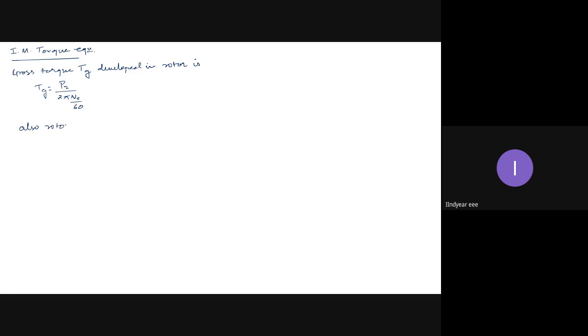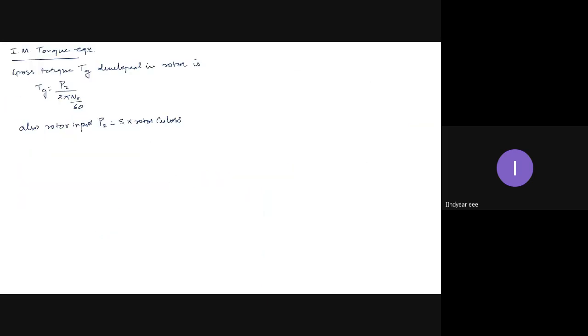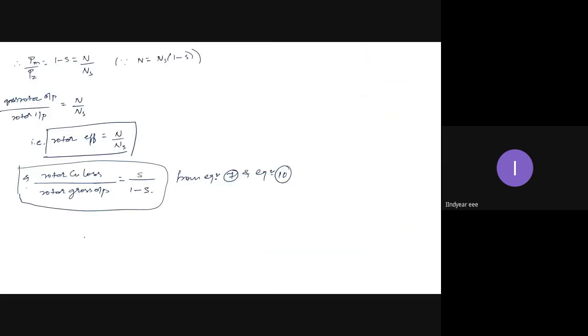Also, rotor input P2 is equal to, it is, not slip times, rotor copper loss divided by slip.